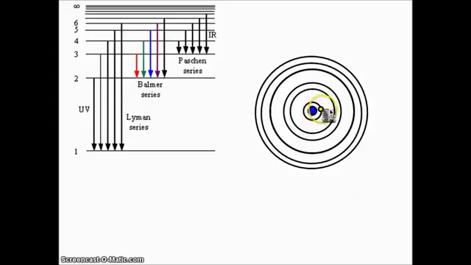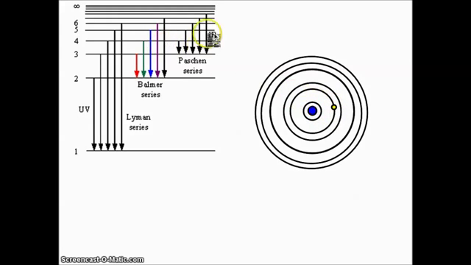So to get further away from the nucleus, the electron has to absorb a certain amount of energy. So for this electron to move from this energy level to the next energy level, it has to absorb a very specific amount of energy that corresponds to this distance that the electron is moved.